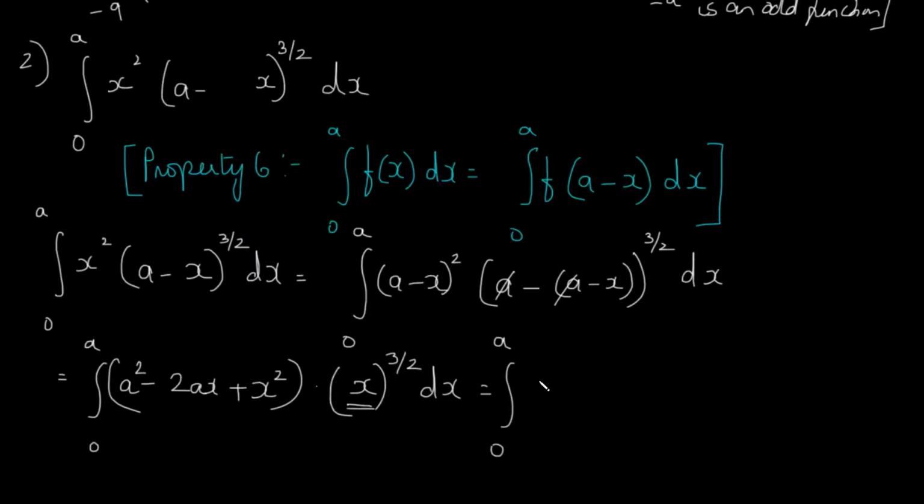Therefore, we get a squared into x raised to 3 by 2, minus 2ax into x raised to 3 by 2, plus x squared into x raised to 3 by 2 dx.